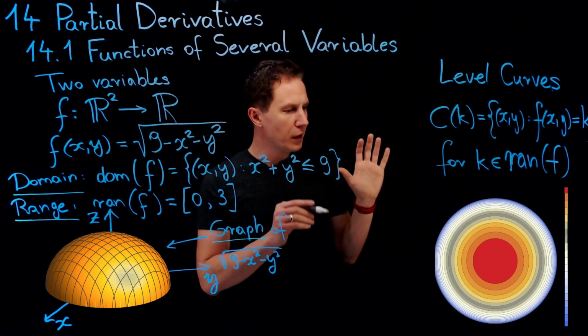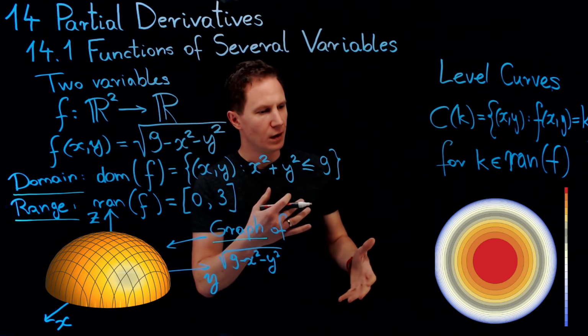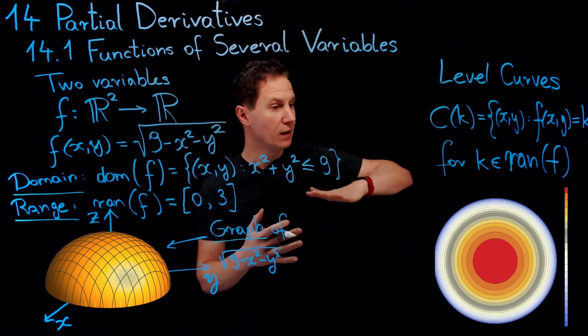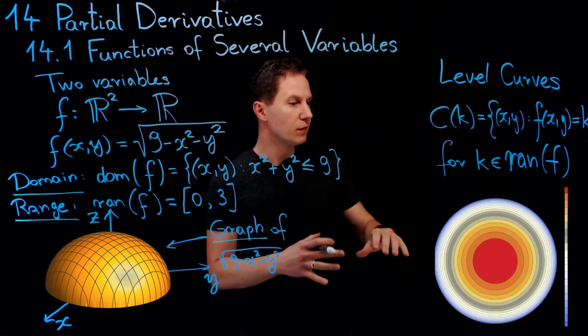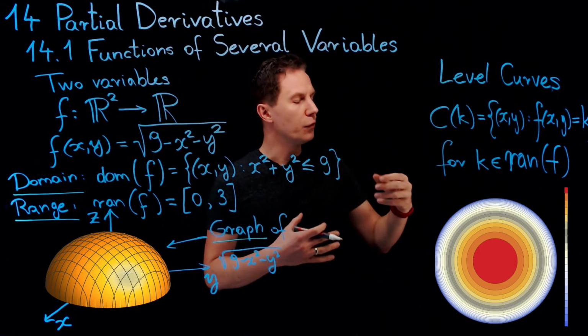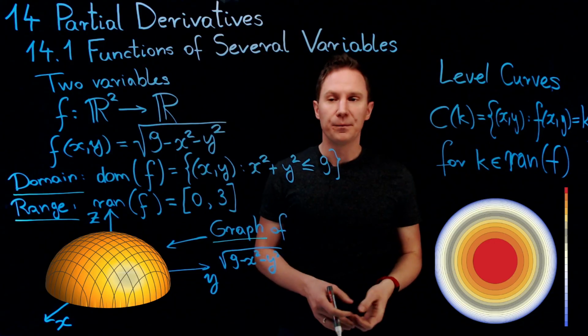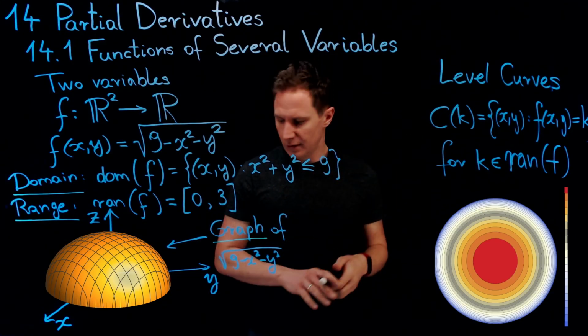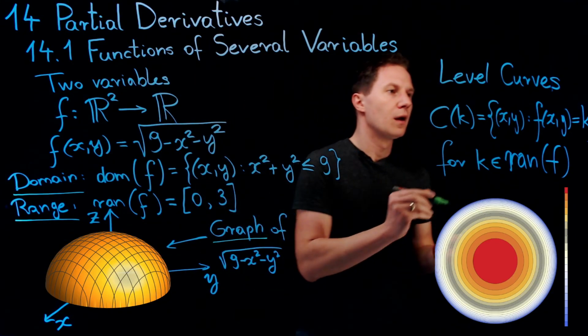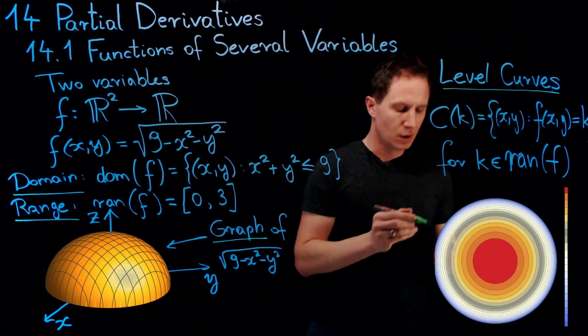So you can think of these contour maps as topographic maps of mountains, where you have these different lines of elevation, and these are level curves for you, which is a new notion in this topic.